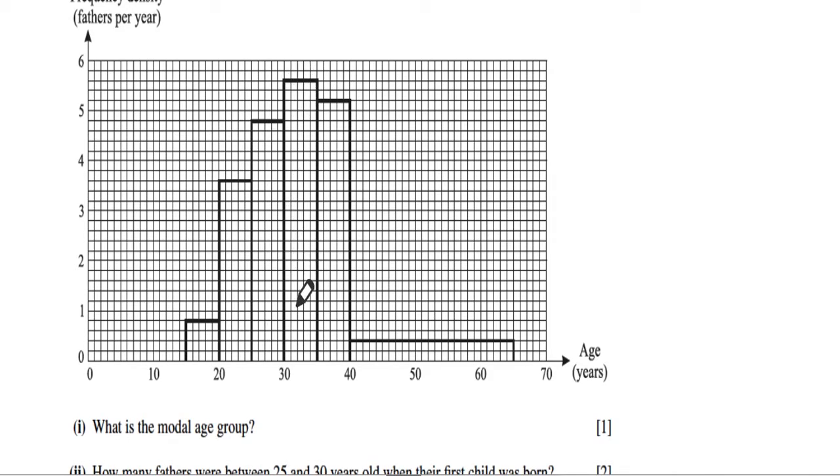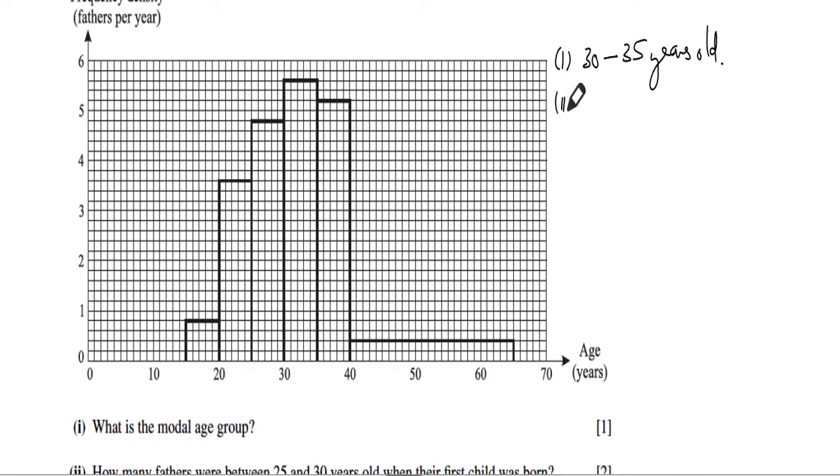If you look at it, it is between 30 and 35. So for part 1, the modal age group, which is the tallest bar over here, is 30 to 35 years old.